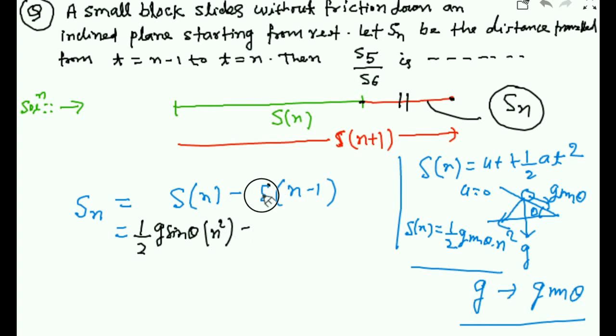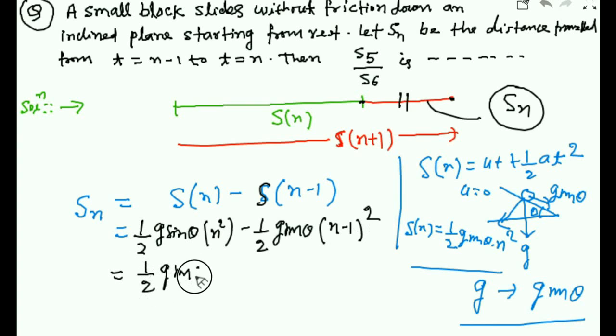Similarly, the distance traveled in n minus 1 seconds is half g sin theta into n minus 1 square. If you simplify this, half g sin theta is common, n square minus n minus 1 square will be 2n minus 1. So Sn is half g sin theta times 2n minus 1.